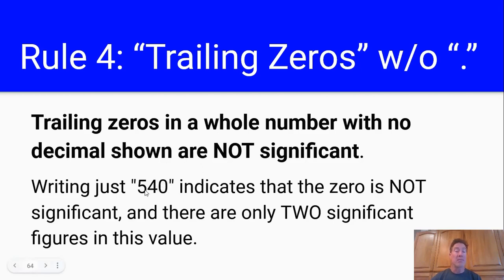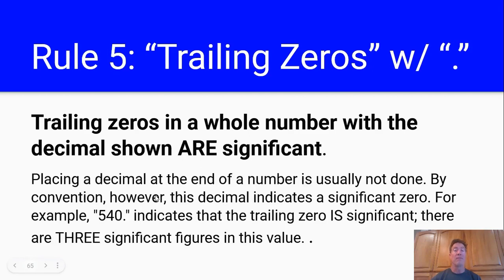We could write this as 540 with a decimal point to indicate that all 3 of those numbers, 5, the 4, and the 0, are significant. But without a decimal point, we ignore this trailing 0 and we only count the first 2 numbers as significant.